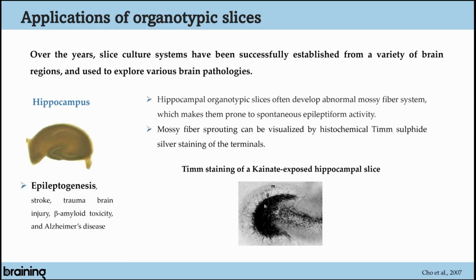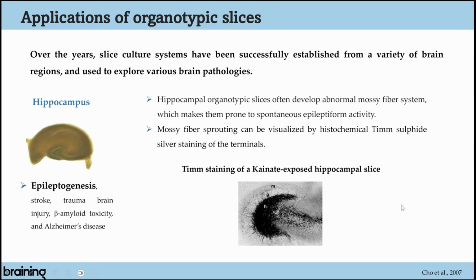Just one tiny thing regarding the hippocampal organotypic slices. As I said, these slices, and that is because these hippocampal organotypic slices often develop what we call an abnormal mossy fiber system, which is usually known as mossy fiber sprouting. Because that happens, this makes this system really prone to spontaneous epileptiform activity.